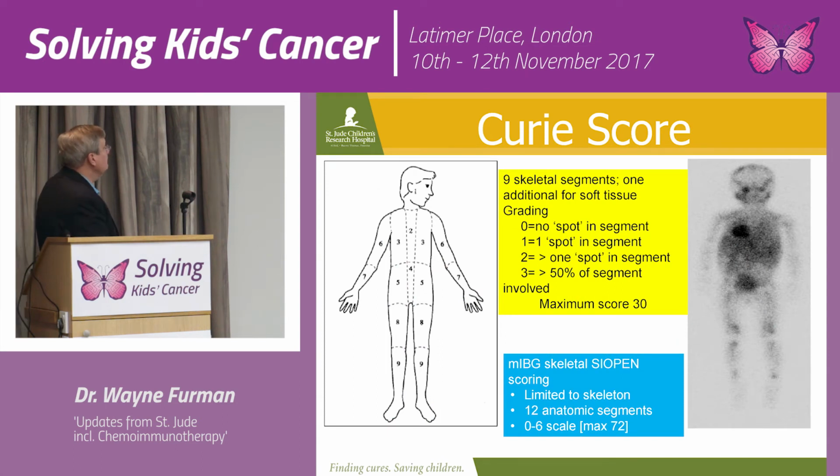Because of time, I don't have much time to go through what we call the Curie scores, but on both sides of the Atlantic, they count the spots and have shown at the end of induction how many spots you have. They do it a little bit differently, divide the body up a little bit differently, count the primary tumor as a spot or not.